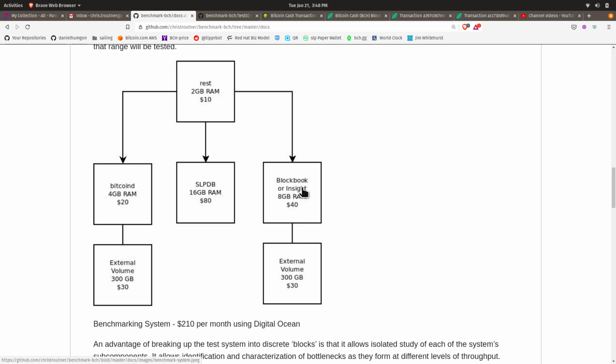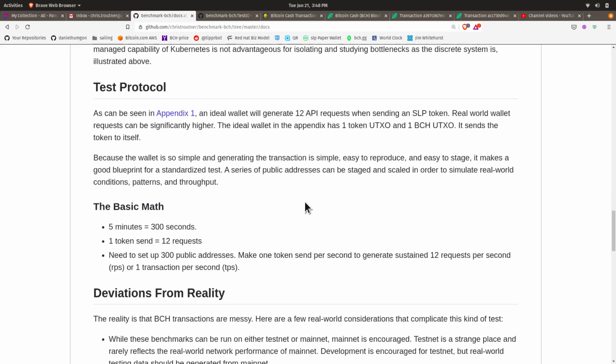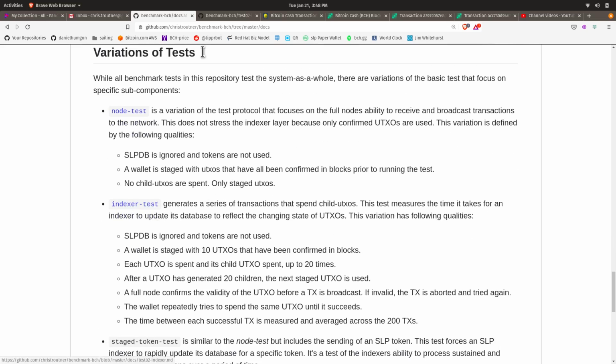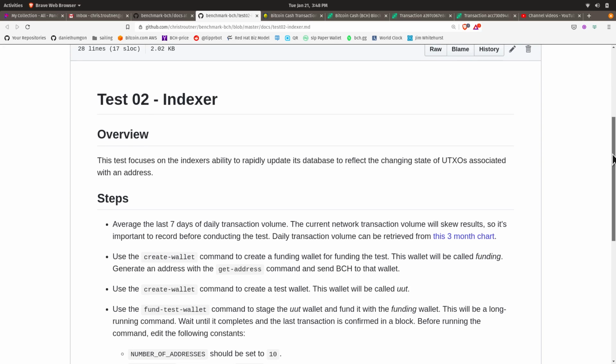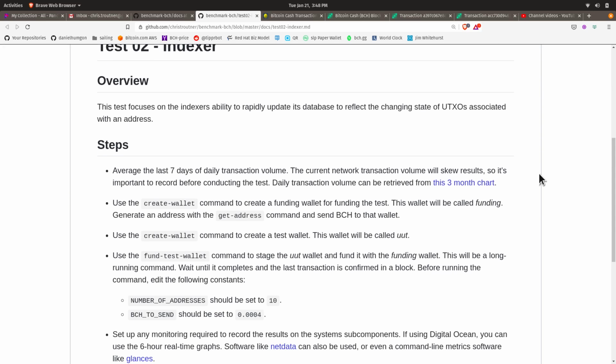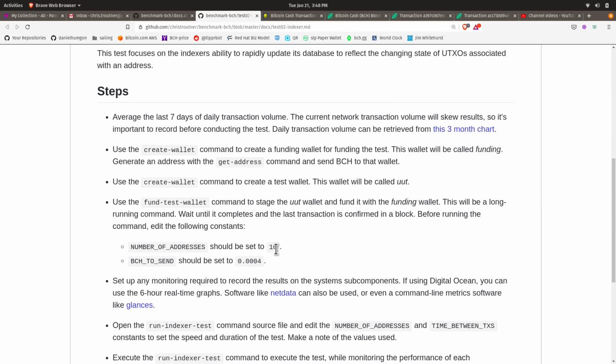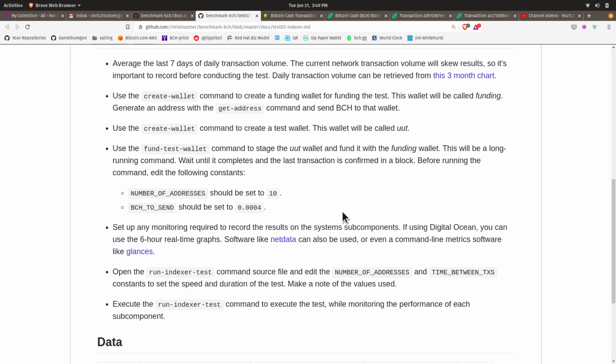And we're going to spend 200 transactions based on 10 UTXOs. So if you click this link here, it'll take you to this page where everything I'm about to say is explained. It's going to take 10 UTXOs, and it's going to spend each UTXO 20 times. So in total, it's going to generate 200 transactions.